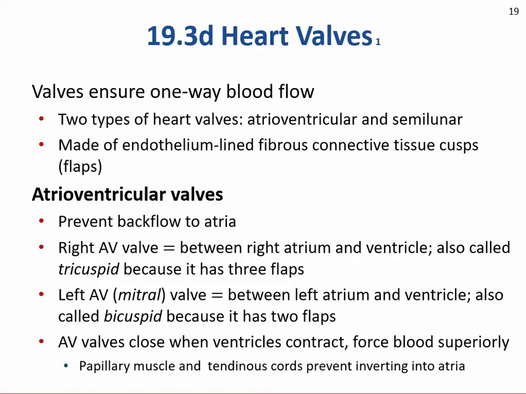So we have all of these chordae tendineae, the tendinous cords, that tighten and prevent the prolapse, the inverting of the flaps back into the atrium. There are various conditions that can cause this to fail, and that will call then for valve replacement surgery.